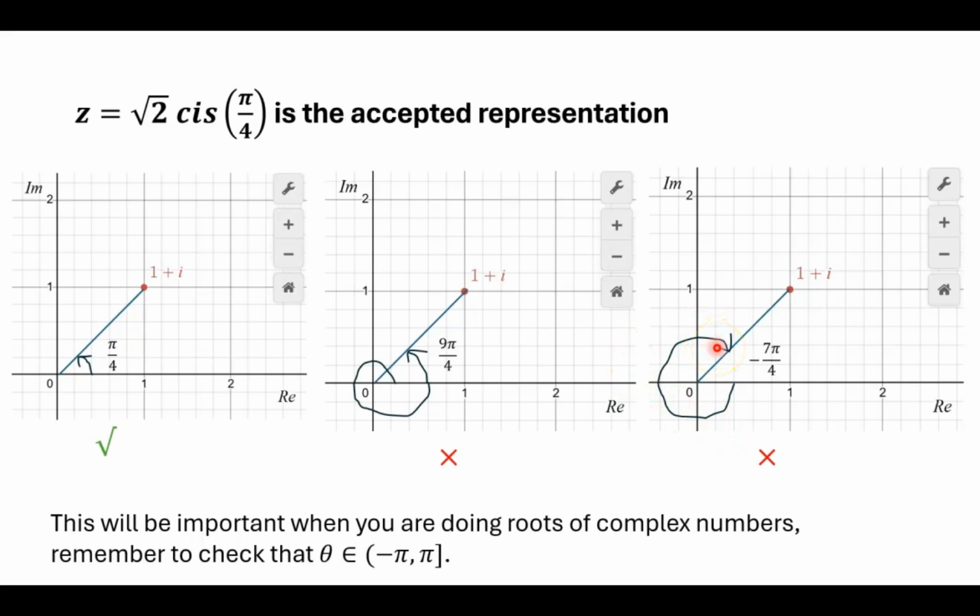This is also not accepted. The only time you can go clockwise to measure a negative angle is if the complex number lies in the third or the fourth quadrant. In the first quadrant, you measure it anti-clockwise. This will be important when we are doing roots of complex numbers. You need to remember to check that your argument is between negative pi and pi.